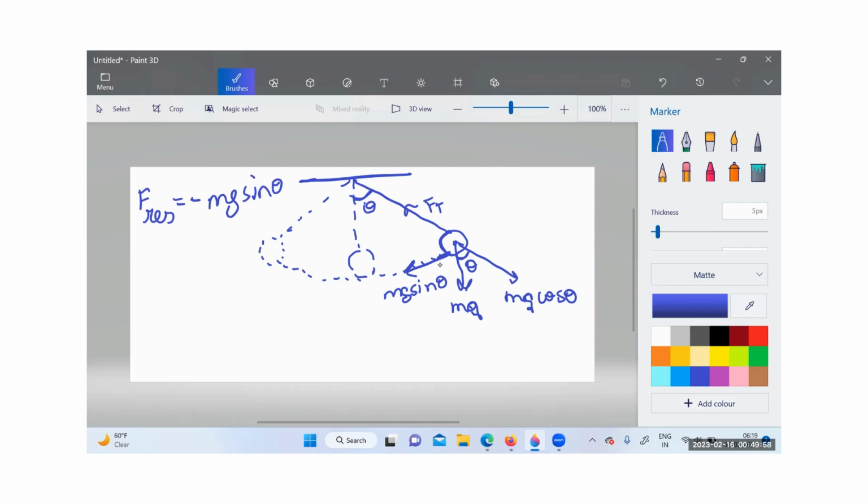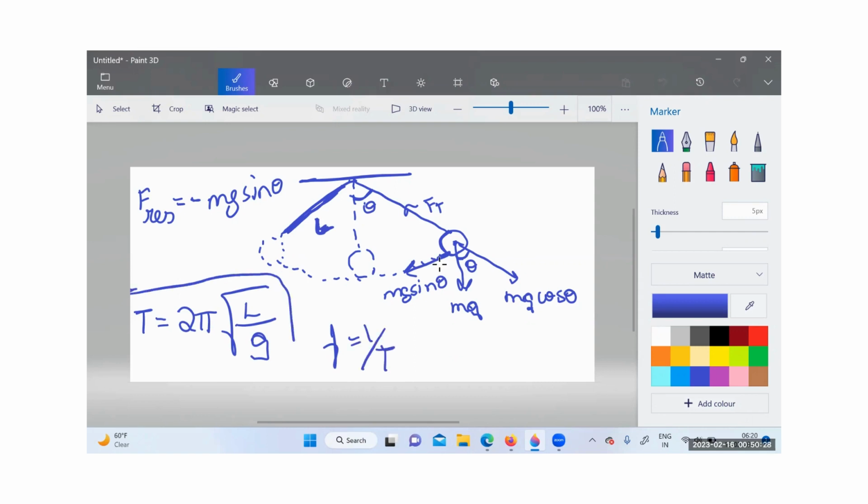And then let us say the length of the string, or any of the strings here, is L. Then you can say time period is equal to 2 pi into square root of L by g, and frequency is 1 over T. So this is what you have to remember.